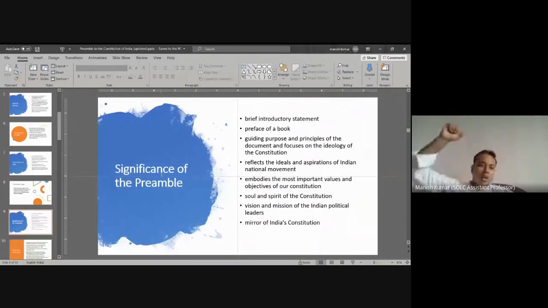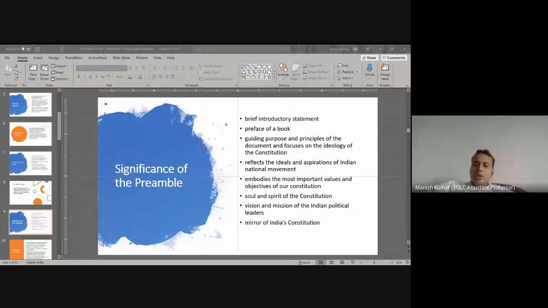So now I'm going to talk about the significance of the preamble. What is the significance of that? The Constitution of India contains a preamble which explicitly focuses on the vision of post-independent India.